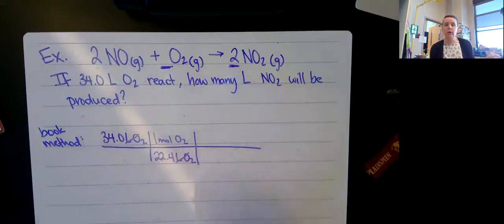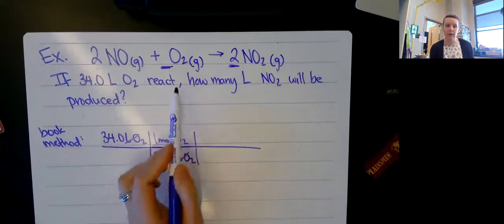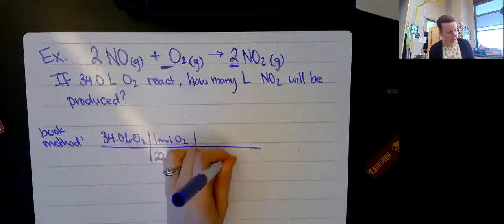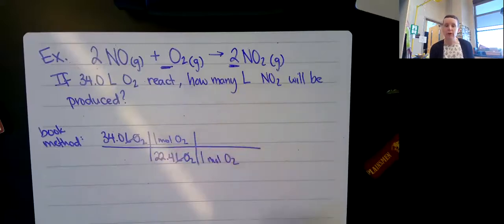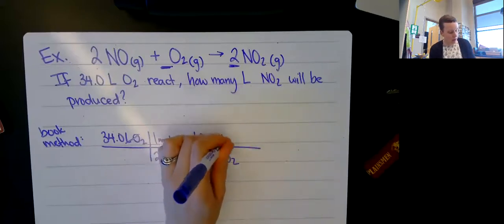All right? So where do I want to put my oxygen and where do I want to put my NO2? Well, hopefully you're saying, I want to cancel oxygen. So the oxygen piece needs to be on the bottom. Again, 1 mole of oxygen. So 1 mole of O2 will react to form 2 moles of NO2. So that's going to go on the top, 2 moles of NO2.